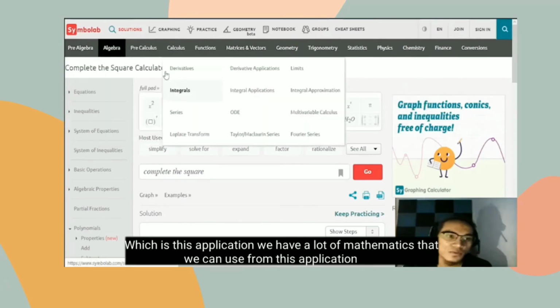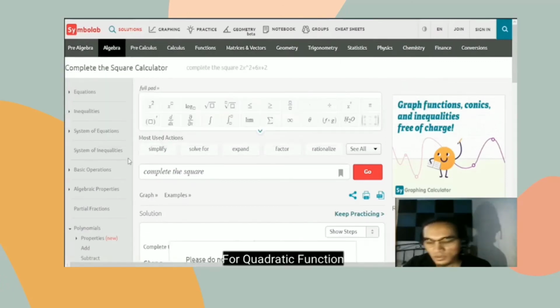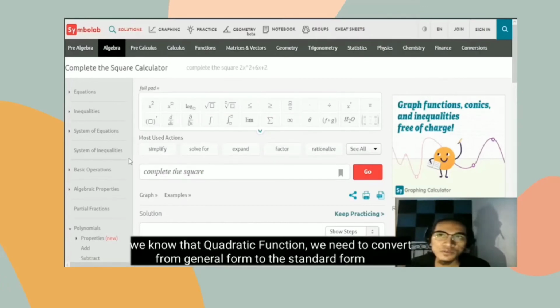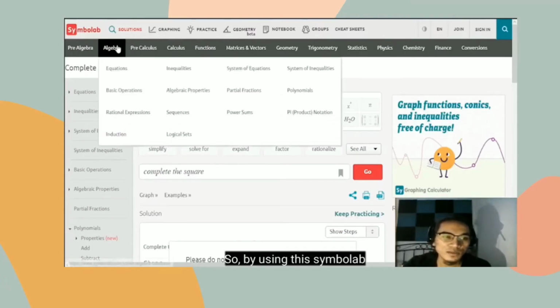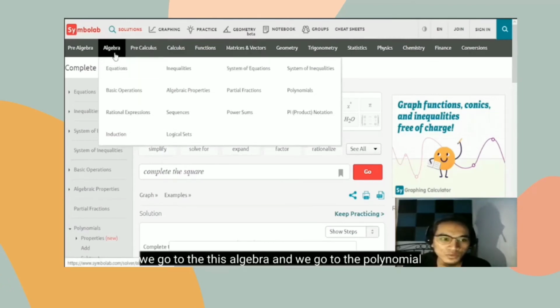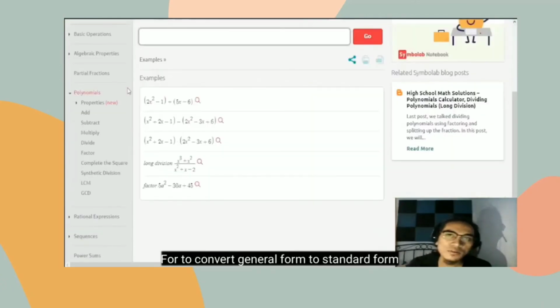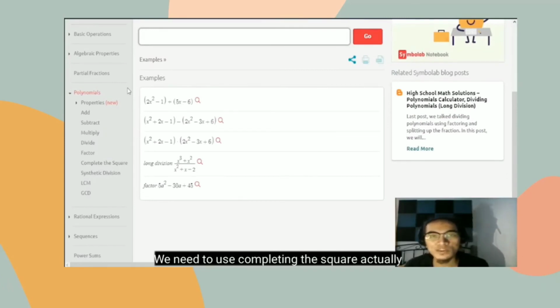For quadratic functions, we need to convert from the general form to the standard form. So by using Symbolab, we go to algebra and then polynomial.